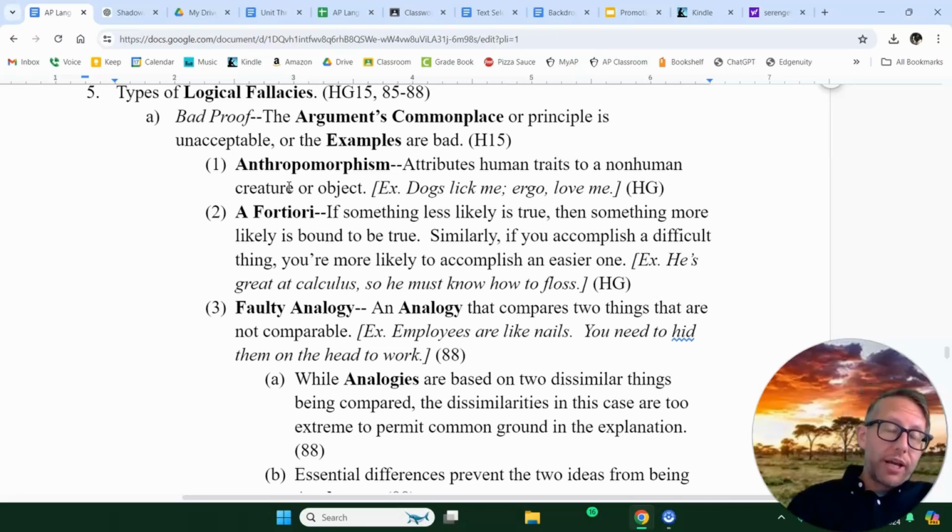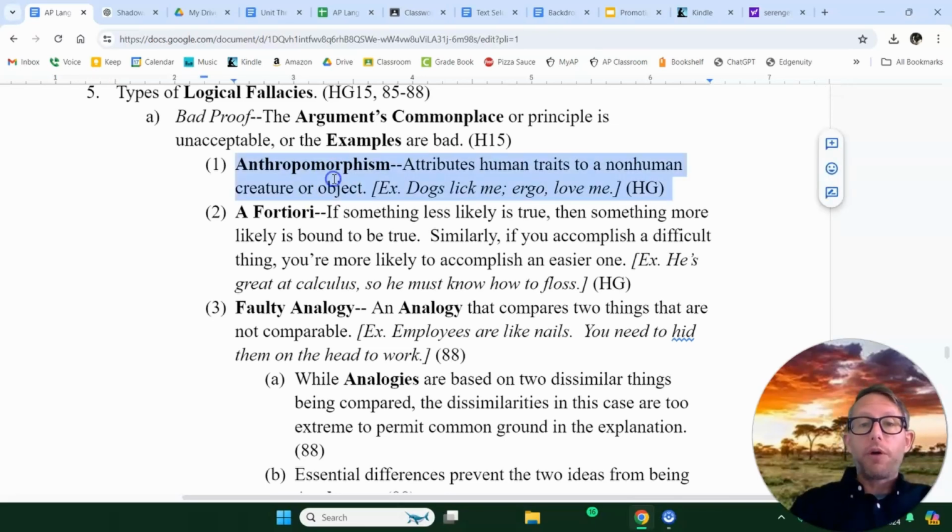So we start off with what I just mentioned a moment ago, anthropomorphism. We attribute human traits to a non-human creature or object. Okay, so case in point, dogs lick me, ergo, they love me. Okay. That's okay. We can sort of see how we're drawing that conclusion. A lick is kind of like a kiss.